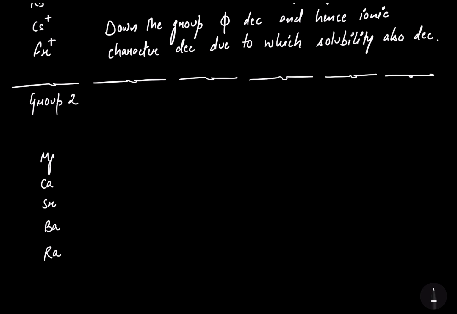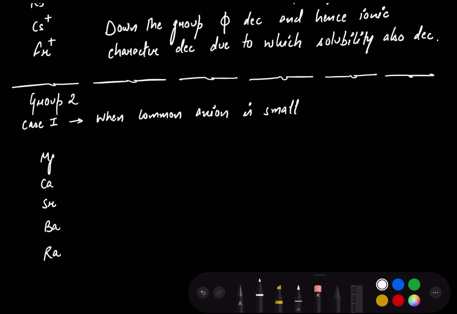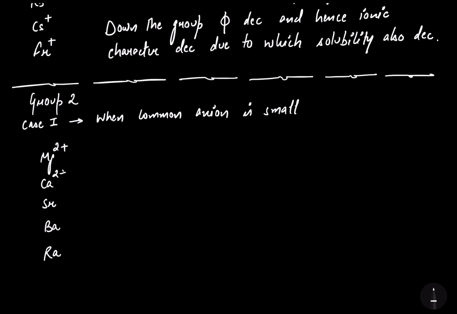Now let me talk about case number 1. Case number 1: when the common anion is small. The group number 2 elements are all metals, that is, they all have positive charges: Mg2 positive, Ca2 positive, Sr2 positive, barium 2 positive and radium 2 positive.